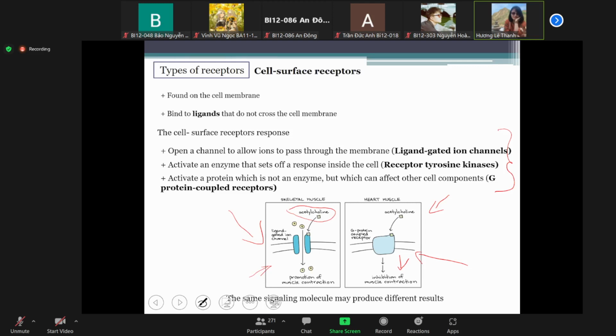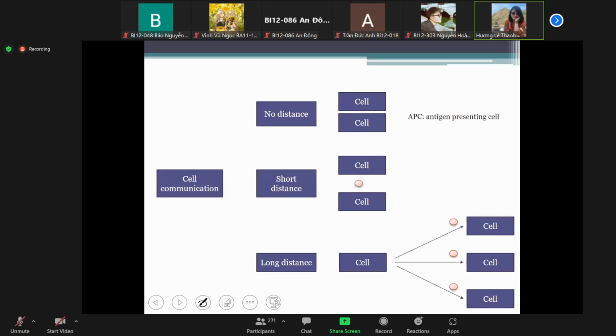For receiving information from the environment, based on the distance between two cells, we can separate it into three kinds of distance. No distance, where two cells are close to each other. Short distance, where they are very near. And long distance, like imagine from your head to your kidney, which is a very long distance; the signal travels through the bloodstream.